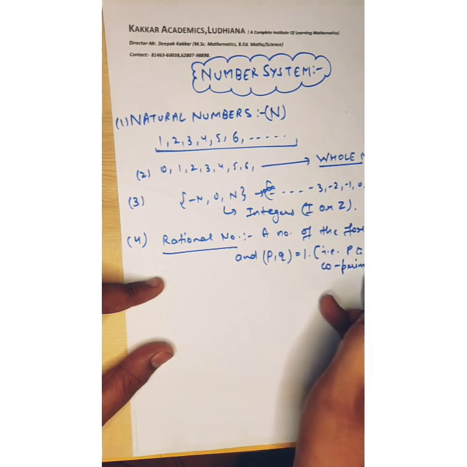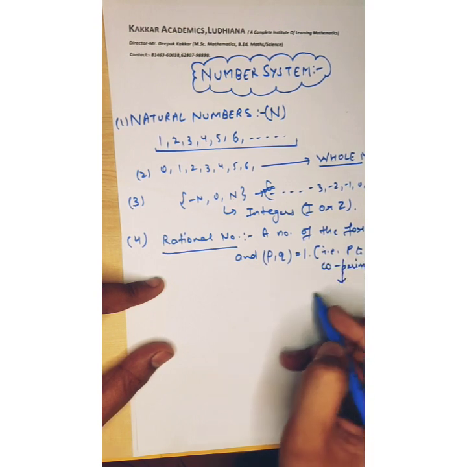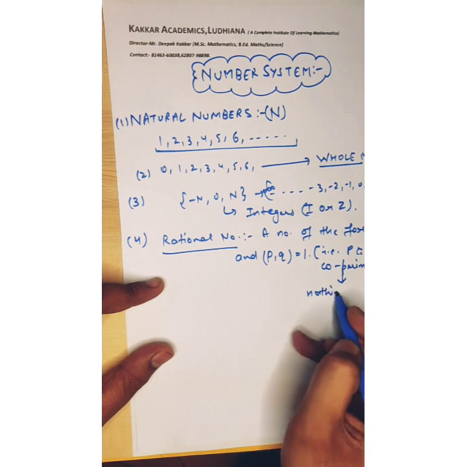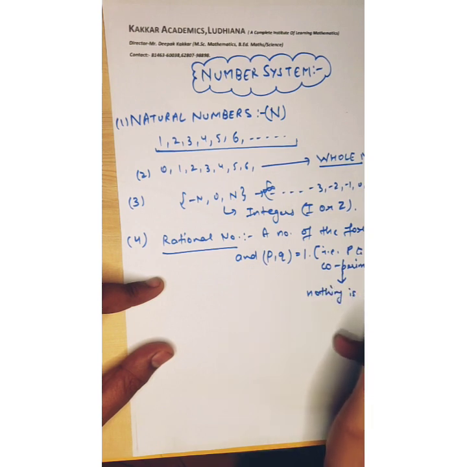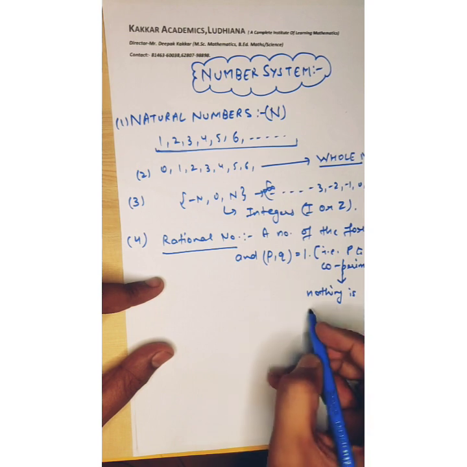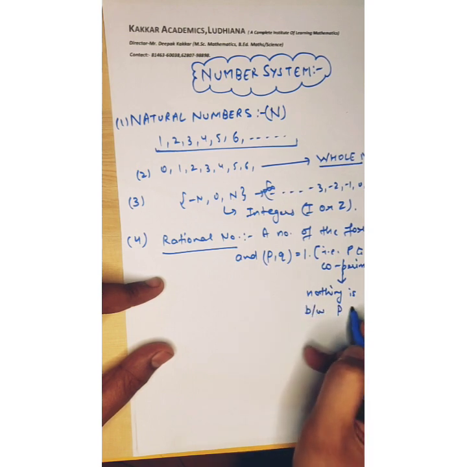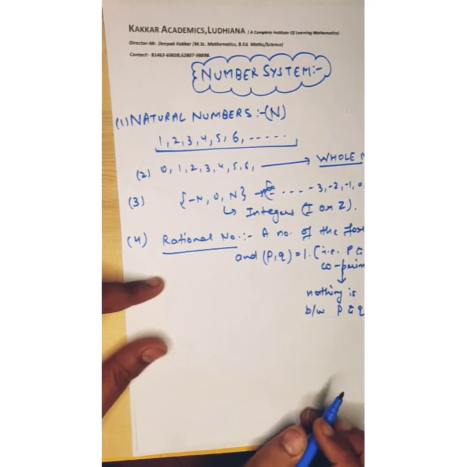So what do we mean by co-prime? Co-prime means nothing is common between P and Q.